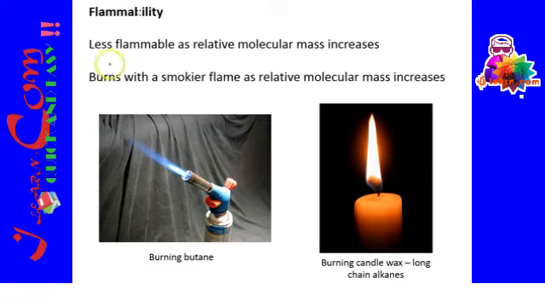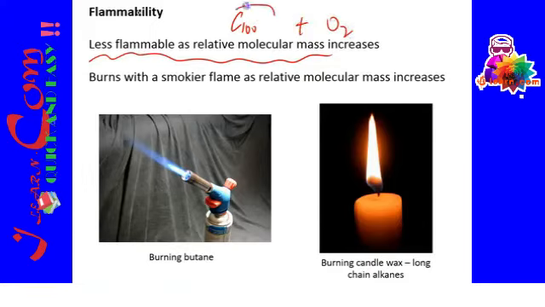Flammability wise, it gets less flammable as your Mr increases. So the molecule gets larger and larger. As the molecule gets larger, as your C gets to 100 or so, the larger the hydrocarbon molecule, the more oxygen is required to actually combust the compound. Also, as it gets longer, the chain does not just remain straight.